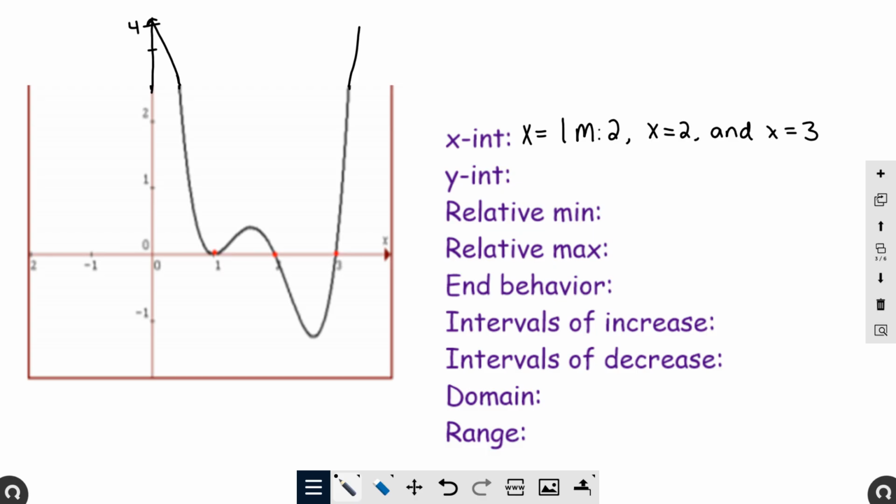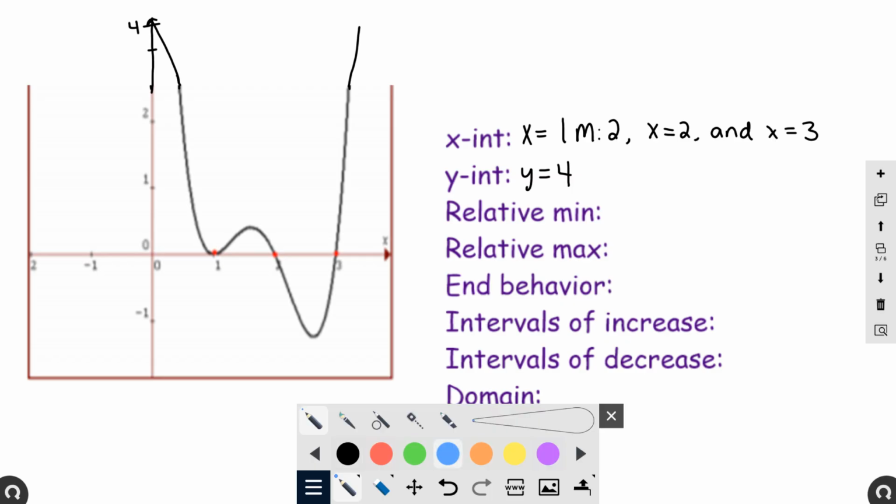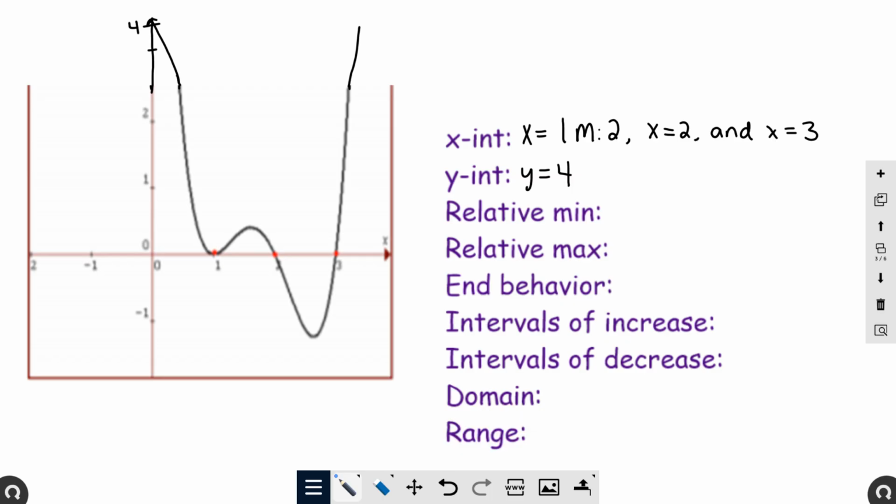All right, y-intercept, sorry about my graph, but where does it hit the y-axis? At 4, so y equals 4. Okay, relative min. Min's the valleys. Do you see any valleys? There's 2 of them. One here, one here. Remember, minimums are the y values. What are those y values?